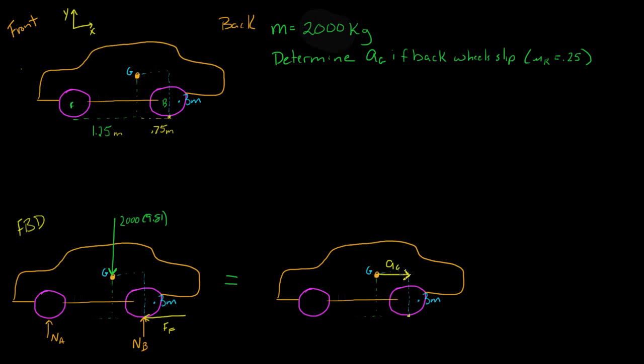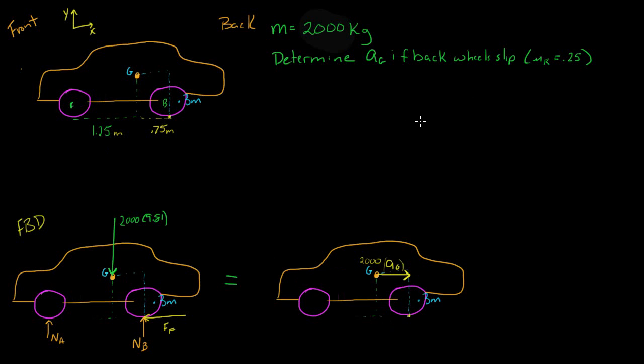So my acceleration of G is just this acceleration of G in the positive direction times the mass, which is 2,000. And if I'm wrong, then this will come out to a minus sign, and it'll tell me my acceleration is actually to the left.